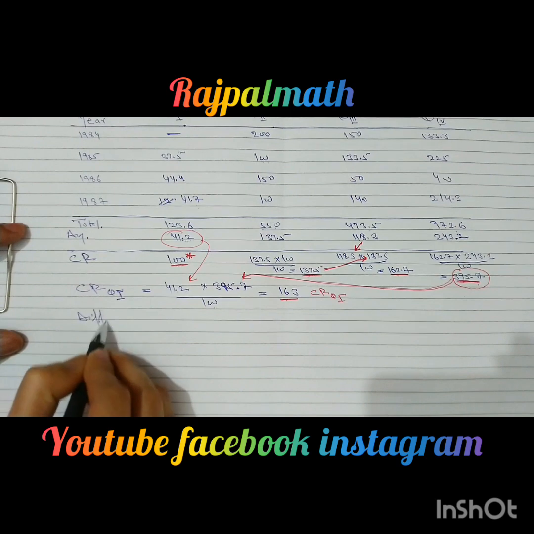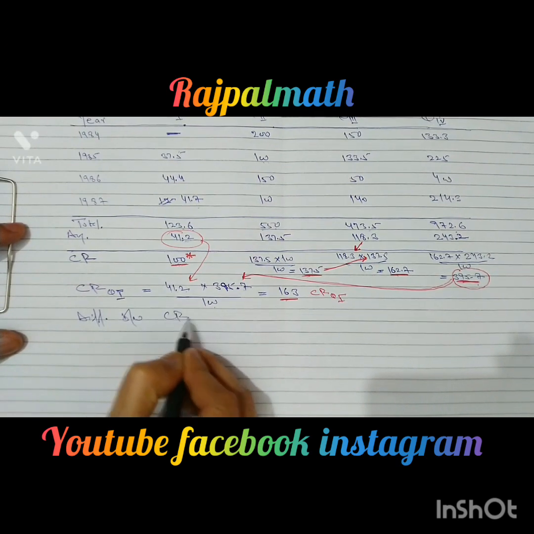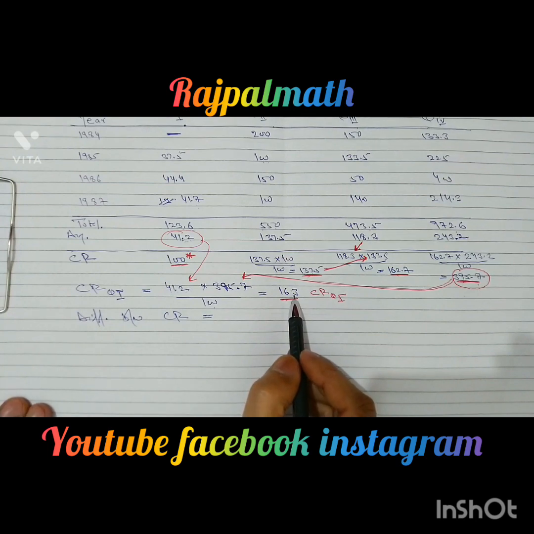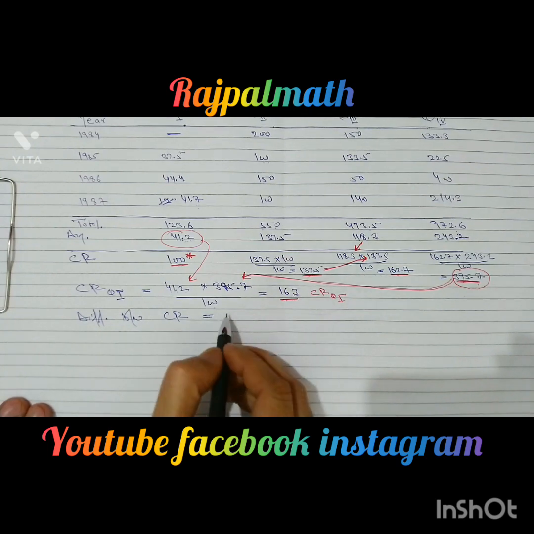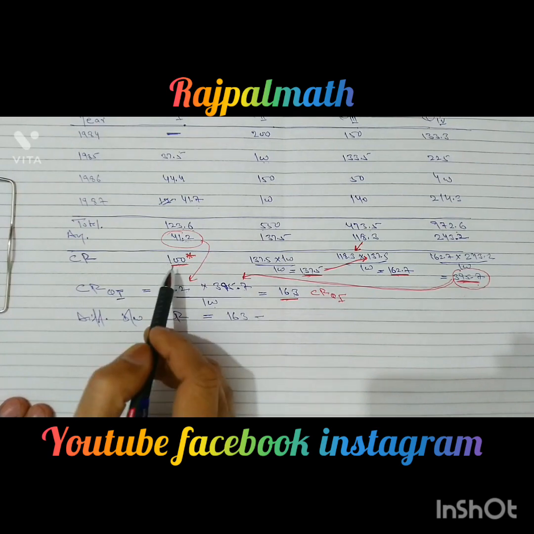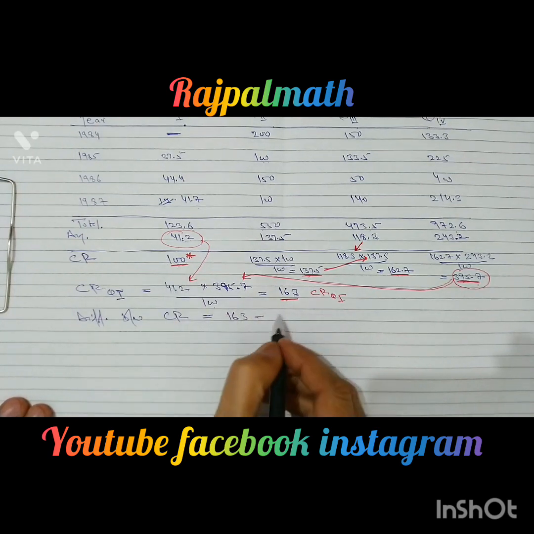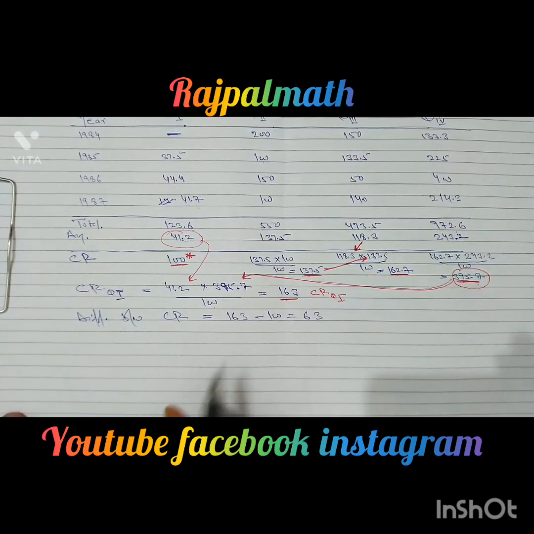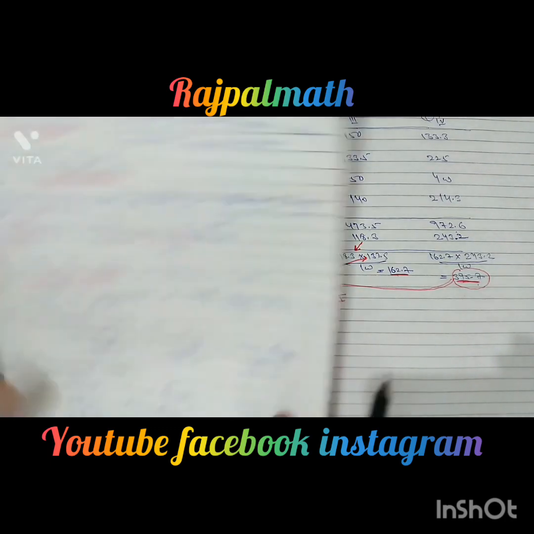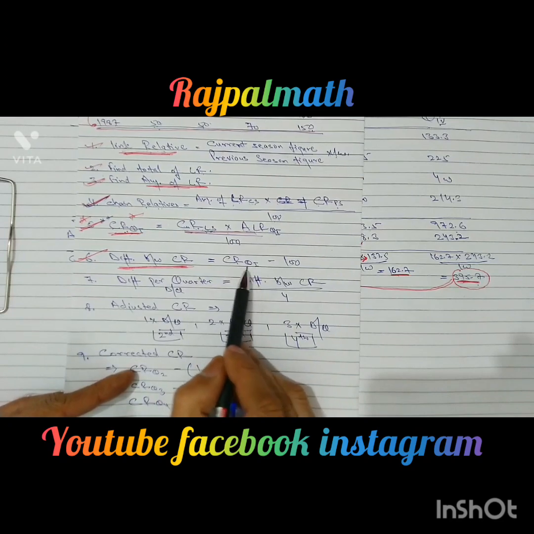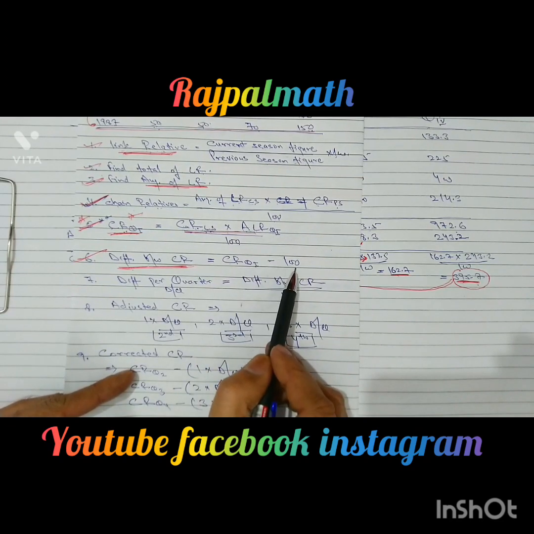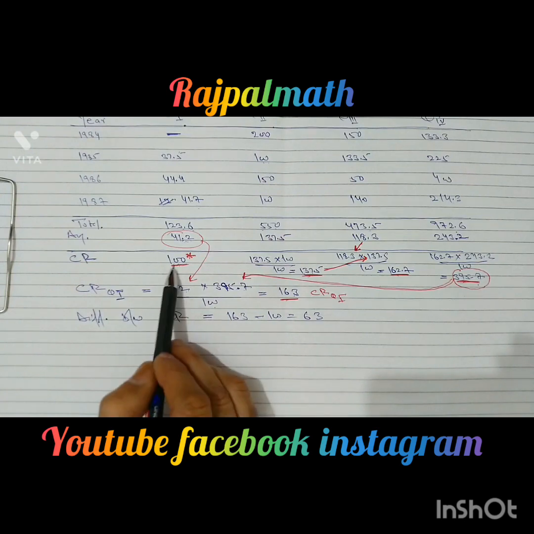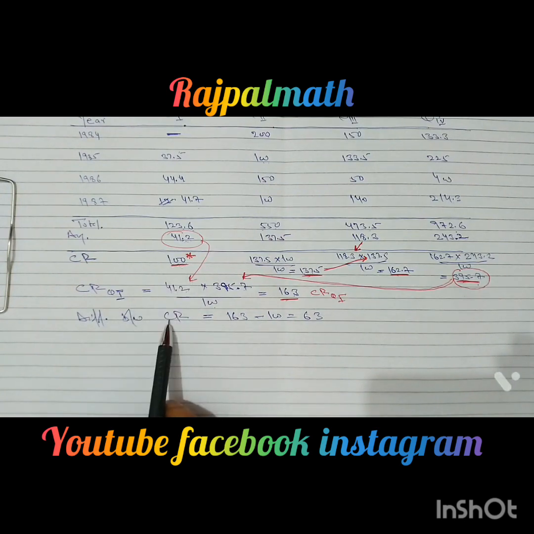The difference between CRs equals this one, 163, minus this starred value, 100, which comes out to be 63. Means CR of the first quarter minus 100. That is the difference between CRs.